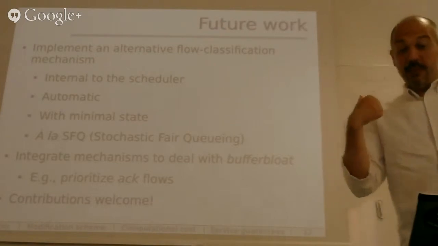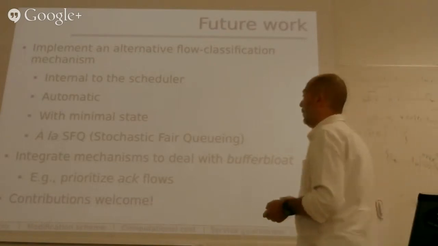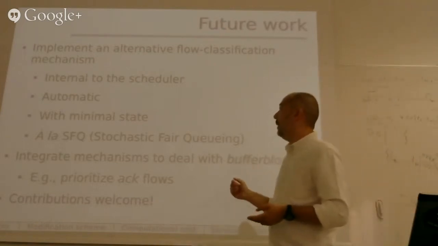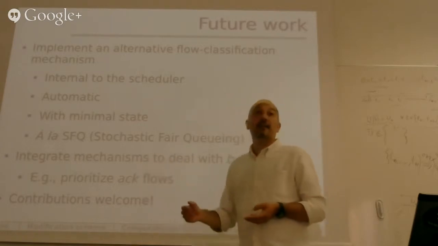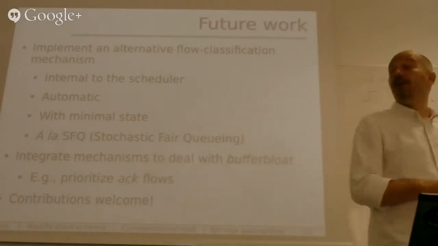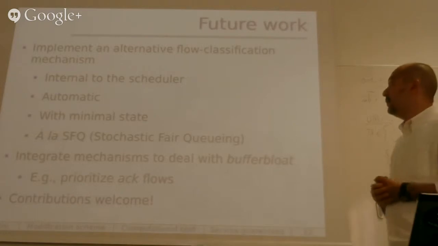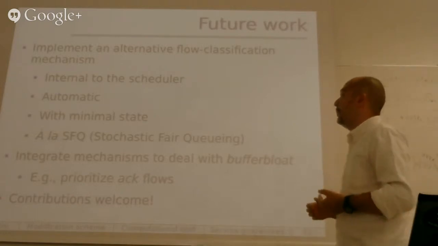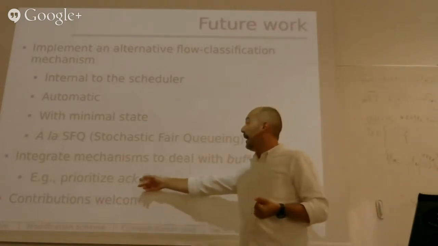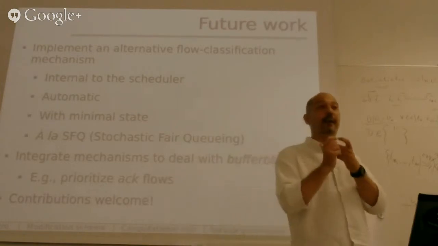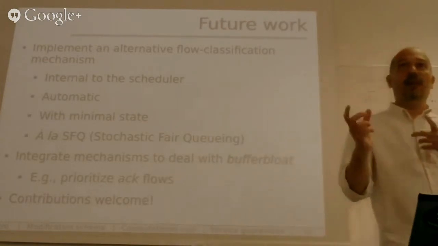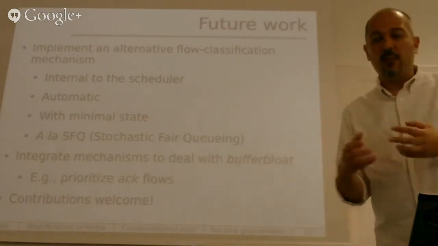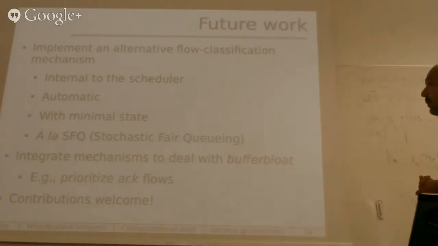So as for the other problem, I would like to integrate some mechanisms inside QFQ Plus to, for example, prioritize flows carrying ACK packets, which are basically the ones more related to this problem.